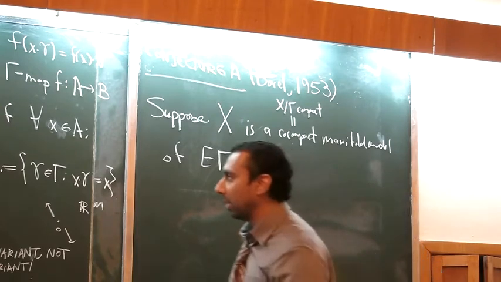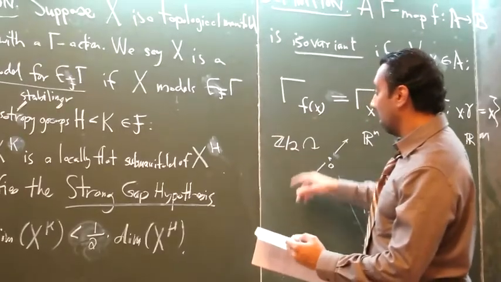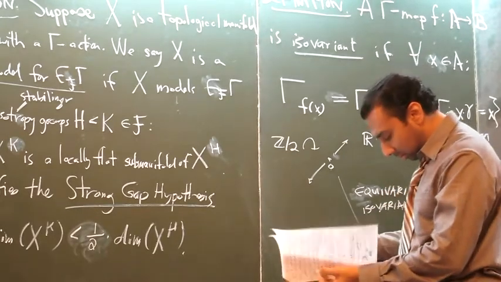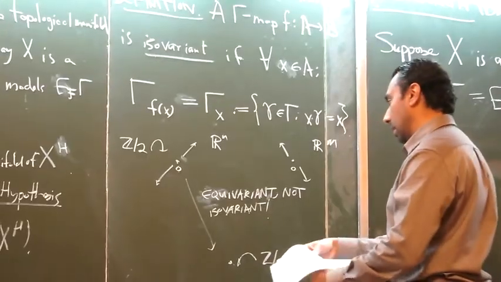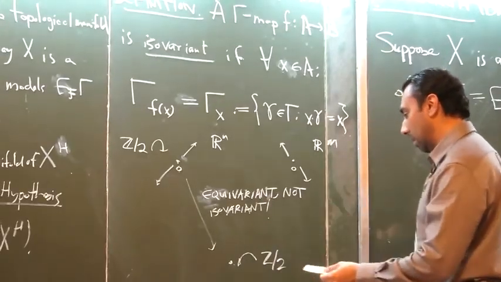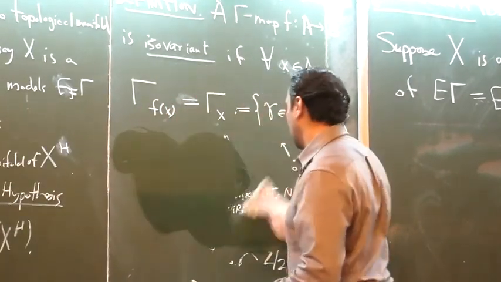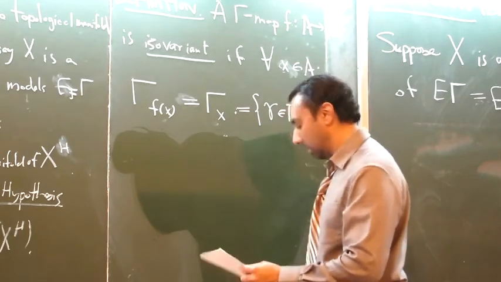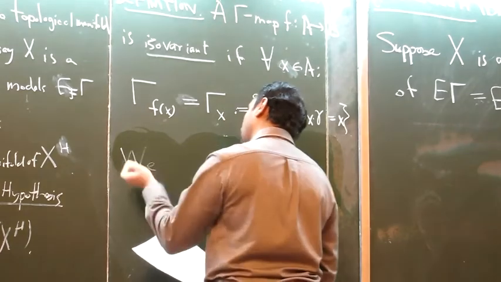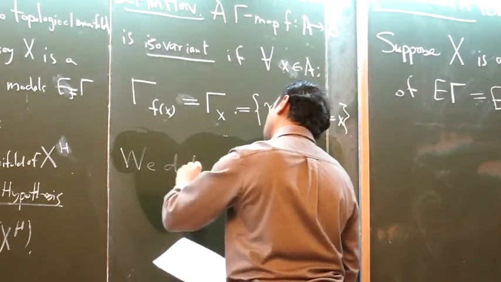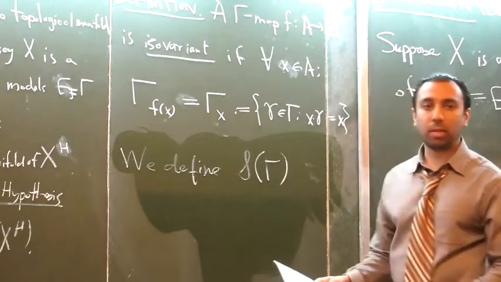Oh, let me see one more thing. So we talked about isovariant here. We define the set S of gamma. This is called the structure set.